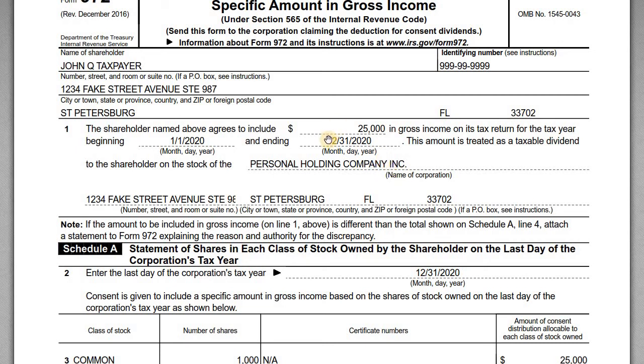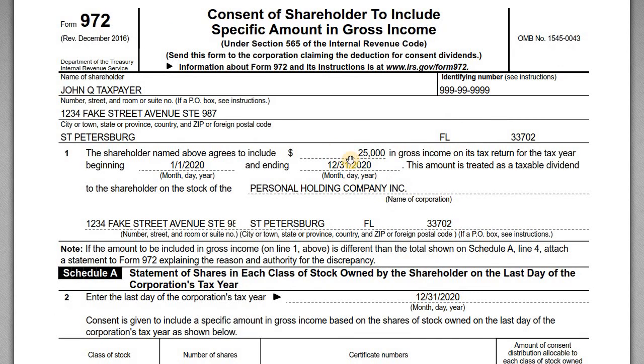In order to be able to claim the deduction at the corporate level for the dividend distribution, John has to include this amount in his dividend income on his annual tax return, right? So on his Schedule B of his Form 1040, he's going to include this amount, and he'll pay tax on it even though he got no cash. But again, because it's a personal holding company, oftentimes it makes sense for the taxpayer to do this anyway.